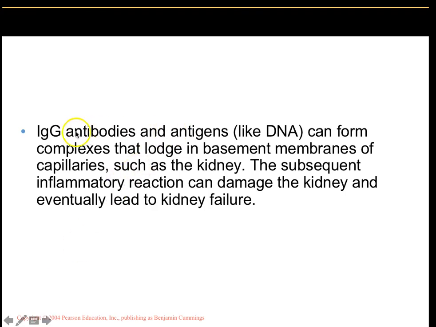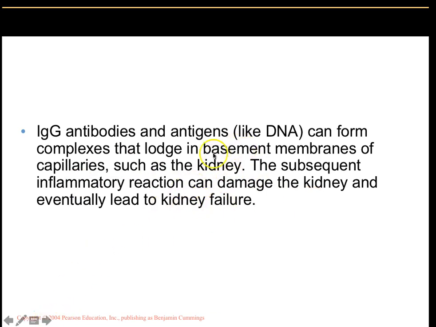All right, so this is just giving you a little bit more detail. The IgG antibodies and the DNA antigen can form complexes, immune complexes. They tend to lodge in the basement membrane of capillaries, and the organ that is usually most affected by this type of reaction is the kidney. So the inflammation damages the kidney and can lead to kidney failure.